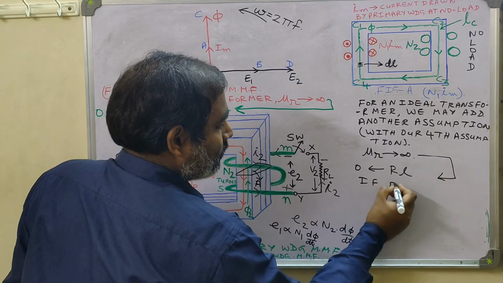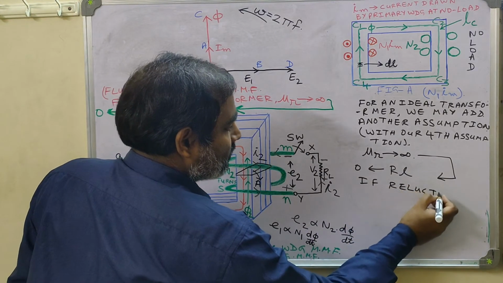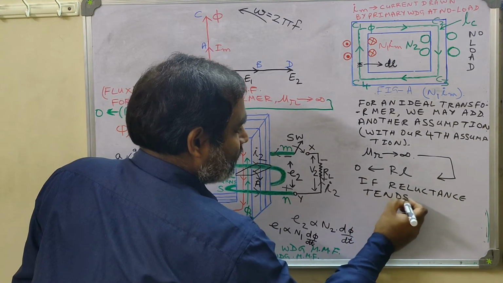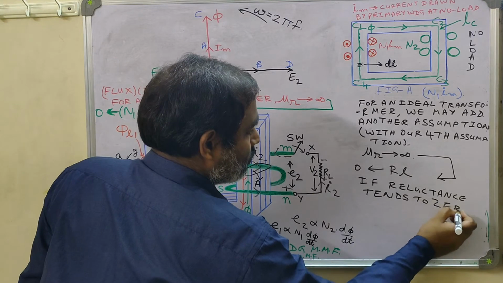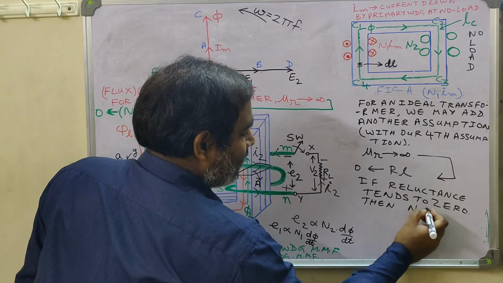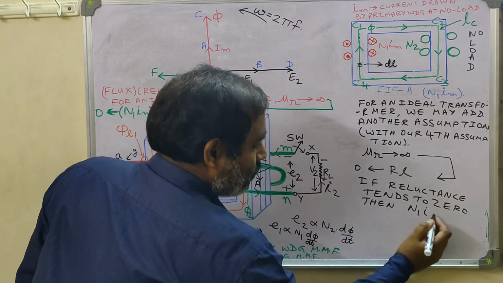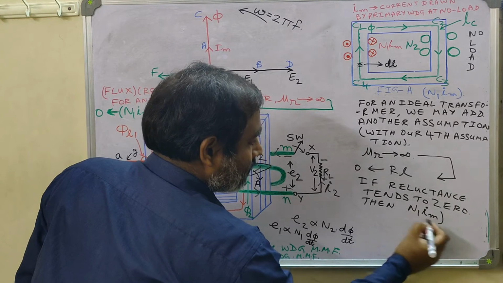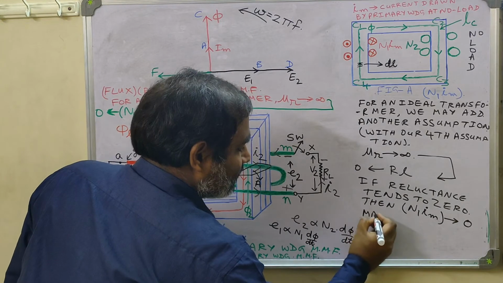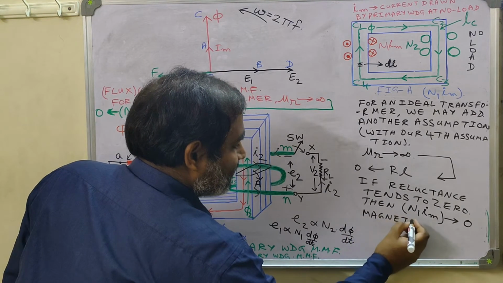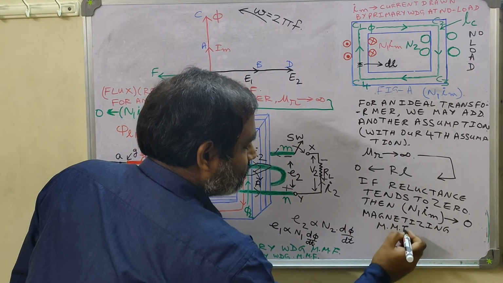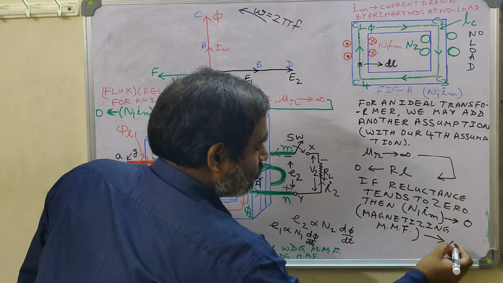Now if reluctance tends to 0, then N1 into Im, which is nothing but the magnetizing MMF, tends to 0.